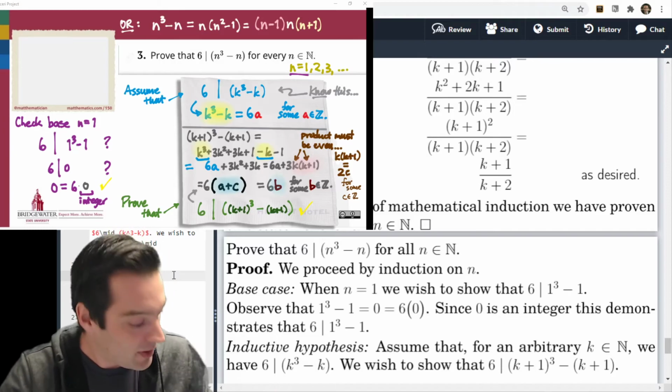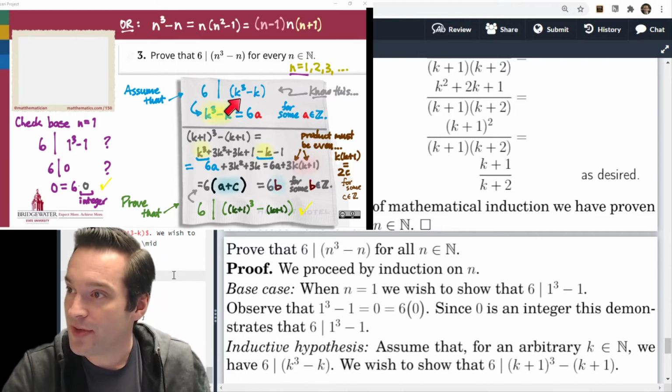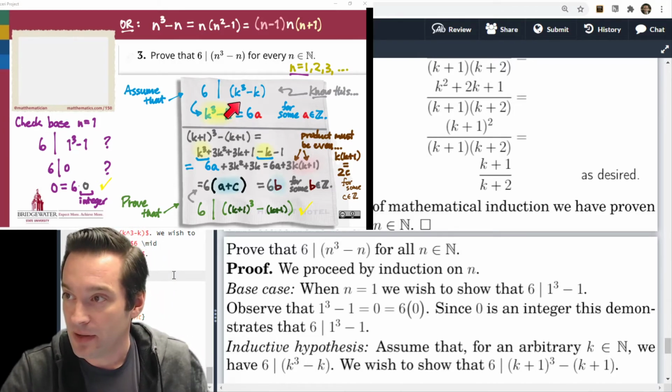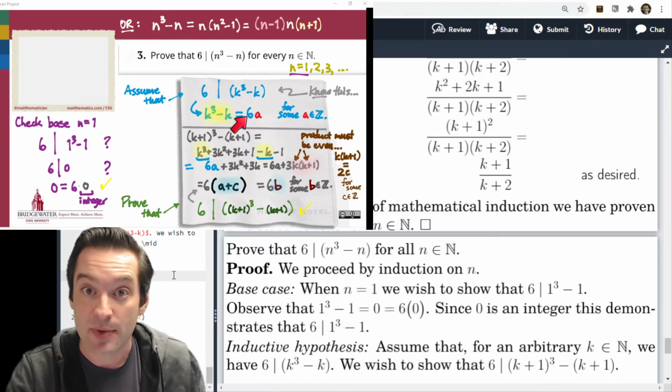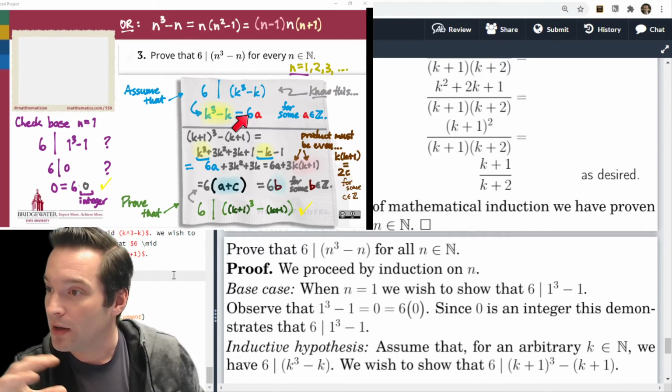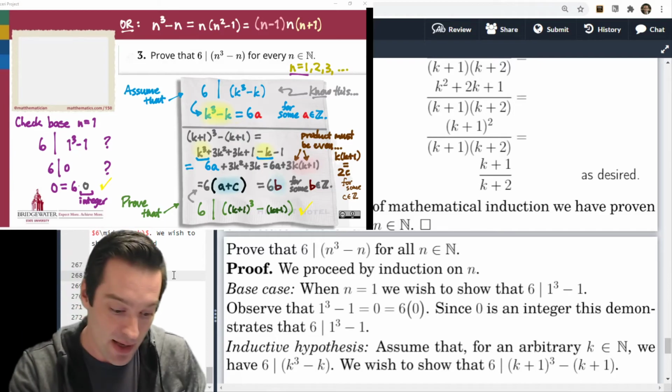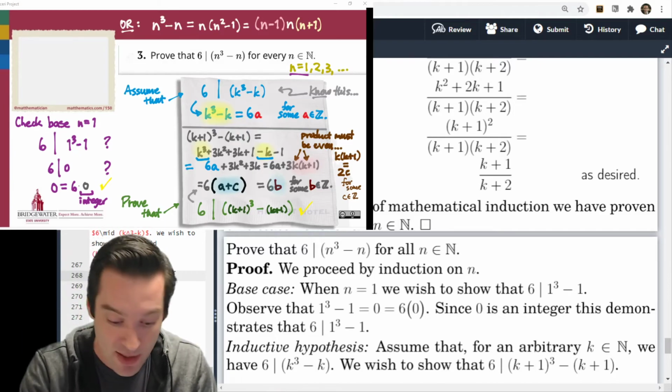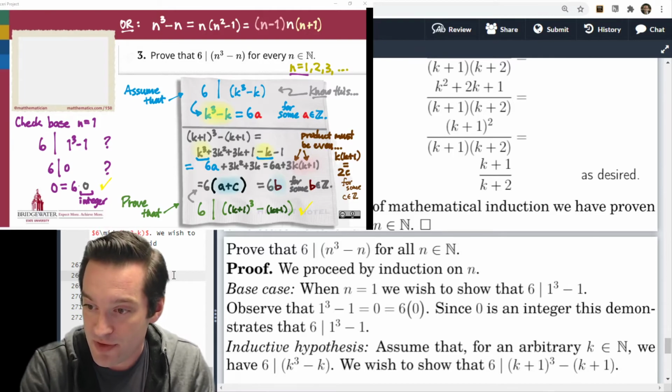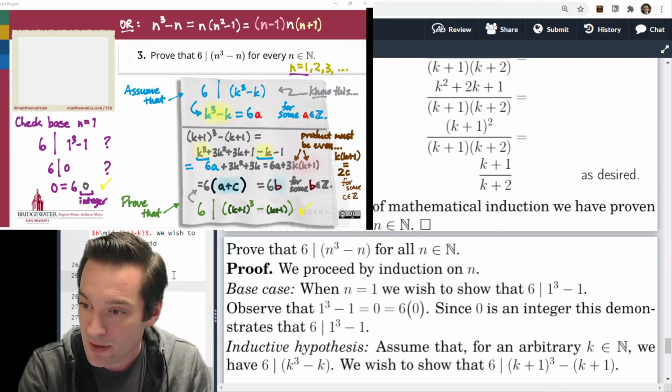And so now I'm going to try to go from this step on my napkin down to this step. In other words, just plug in the definition of divisibility by 6 to get us from our assumption down into the algebraic statement that we can make about k cubed minus k. So we'll say, by definition of divisibility, there exists an integer.